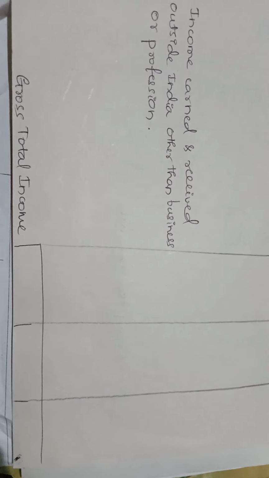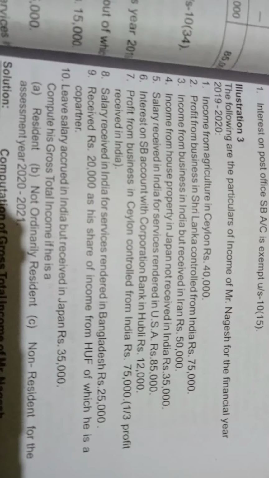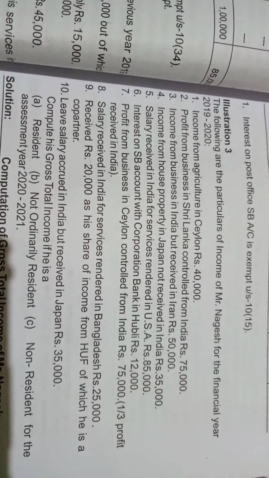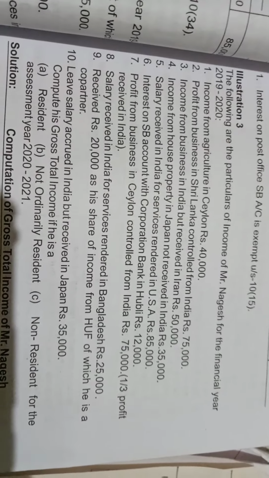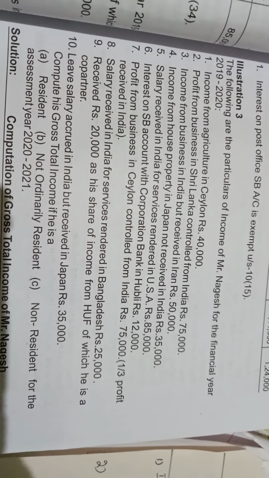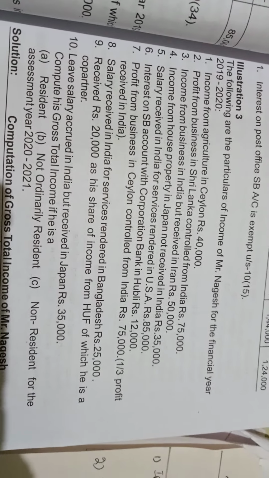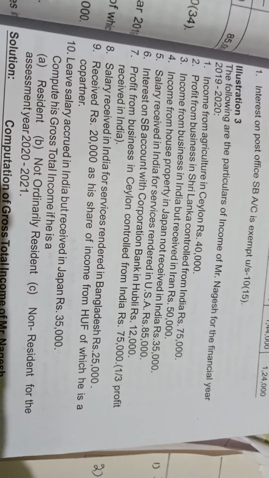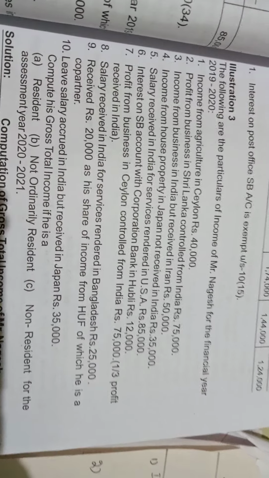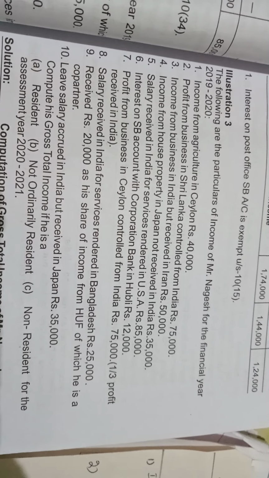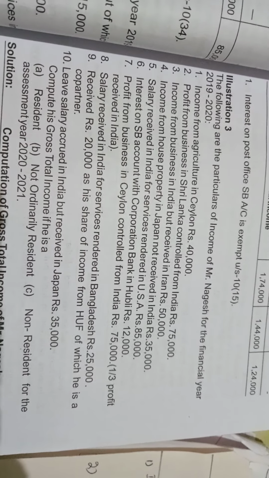Let us go through the items one by one. The first item is income from agriculture in Ceylon. Ceylon is outside India; it is nothing but Sri Lanka. The accrual of the income is in Sri Lanka, that is outside India, and where the receipt took place they have not given.